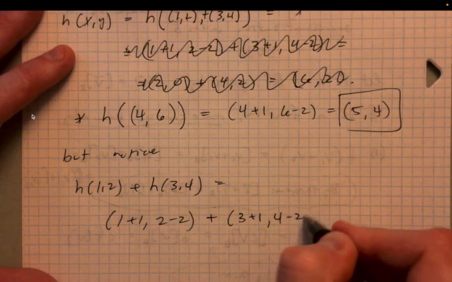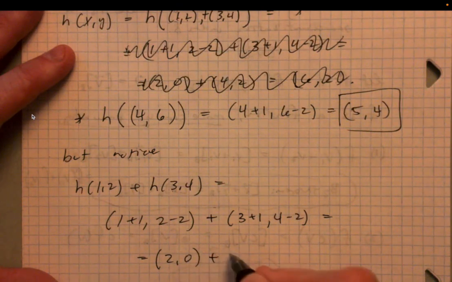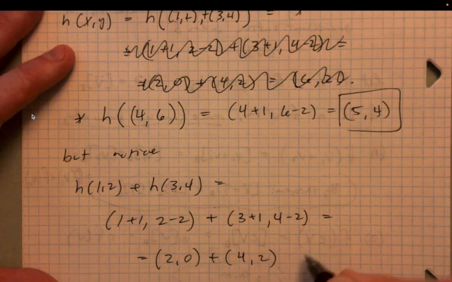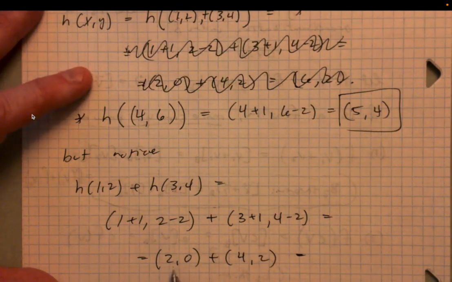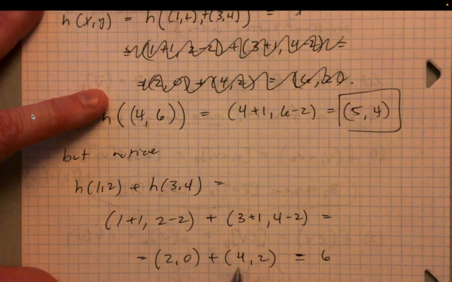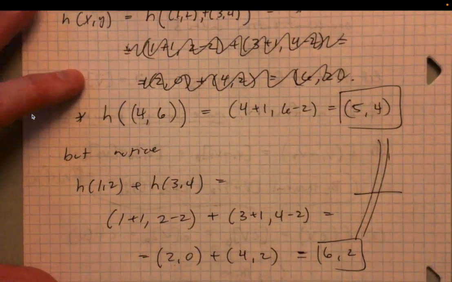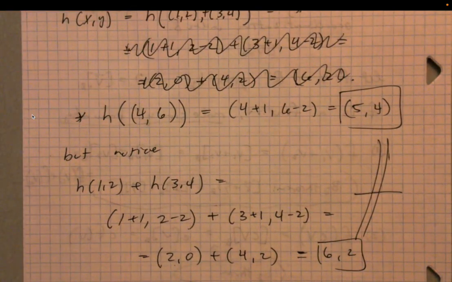So I get (2, 0) plus (4, 2). And so this is going to be 2 plus 4 is 6, and 0 plus 2 is 2. So they're not equal, is the point.